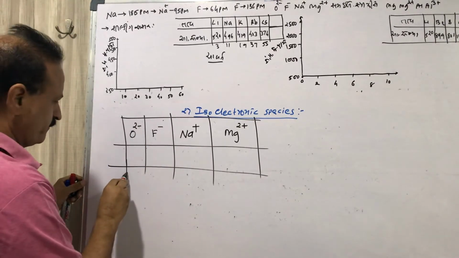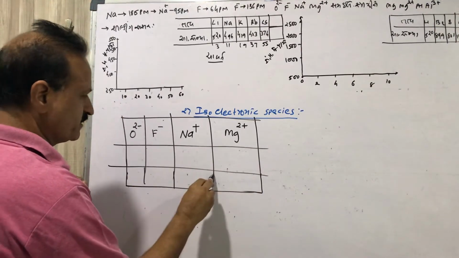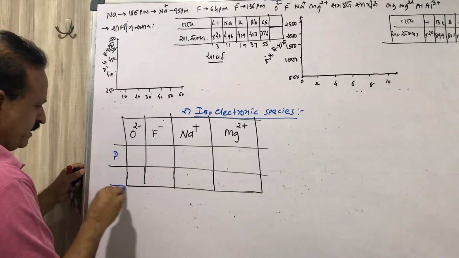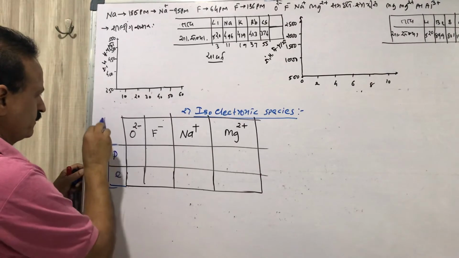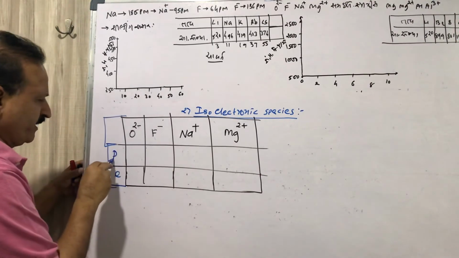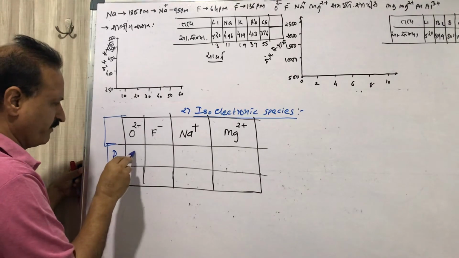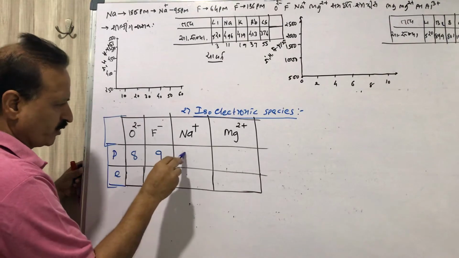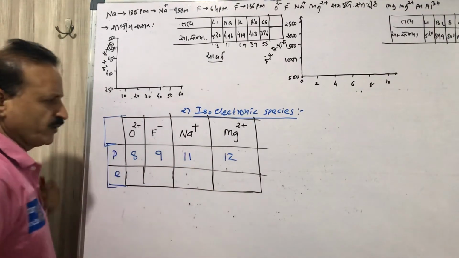You can easily understand. Here is for proton and here is for electron. Clear? Proton means the atomic number, so oxygen has 8 protons, fluorine has 9 protons, sodium has 11 protons, and magnesium has 12 protons.